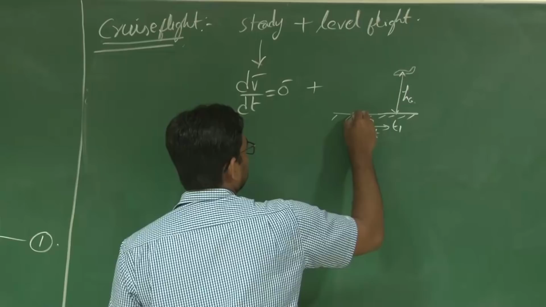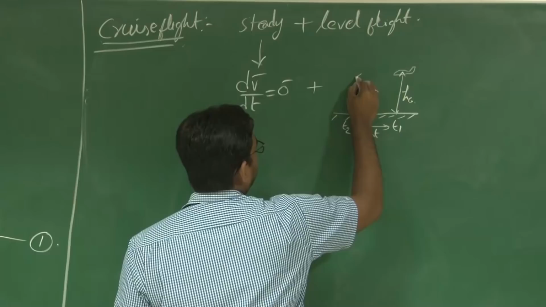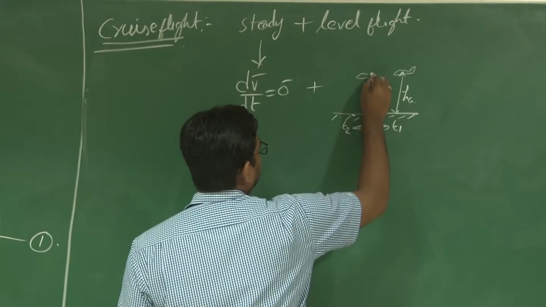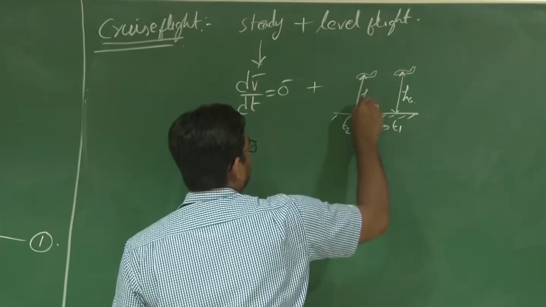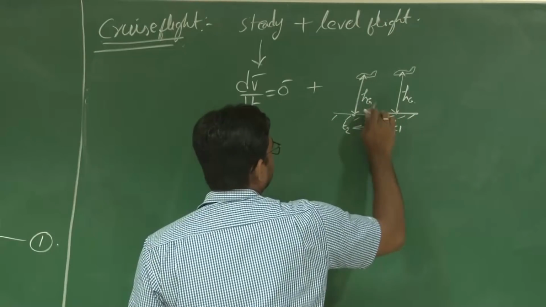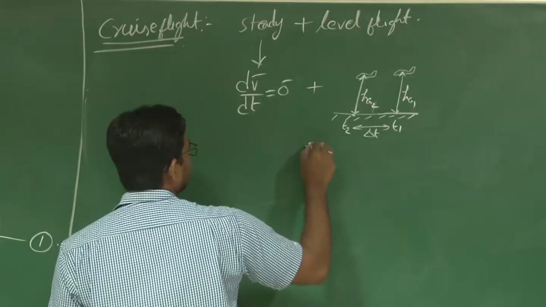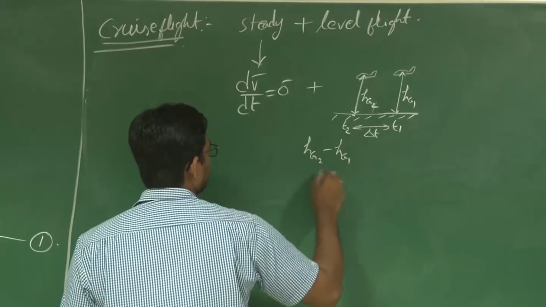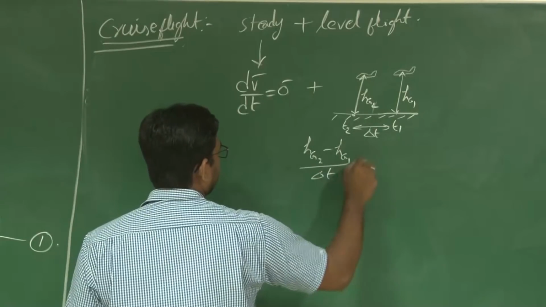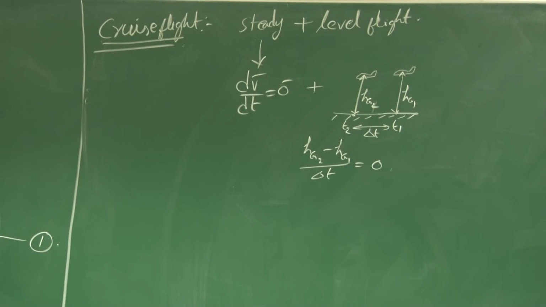Now over a delta t, say t2, you again measure the altitude of this UAV, say it is hg2 and this is hg1. So over this delta t, this hg2 minus hg1 remains the same, right? If it remains the same, then you say it's a level flight.